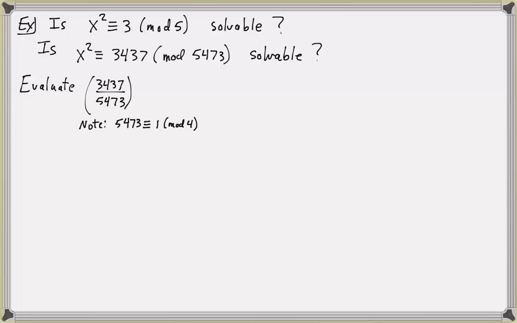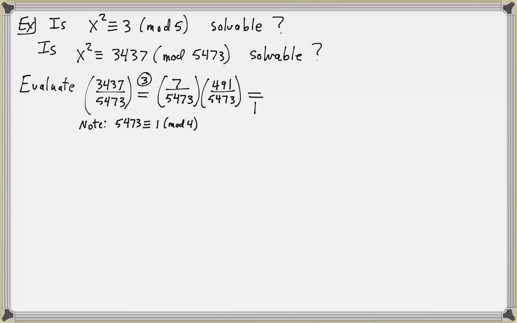So 3,437 factors as 7 times 491. So by law 3, I can rewrite this as 7 over 5,473 times 491 over 5,473.